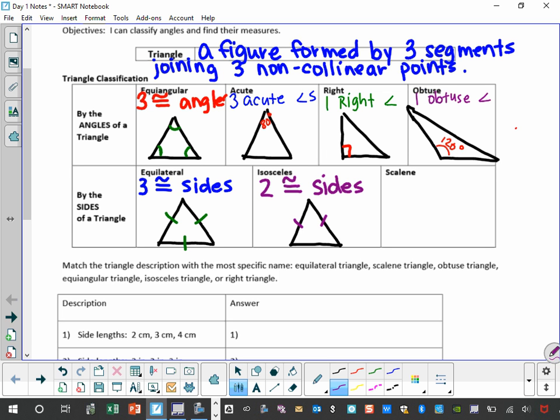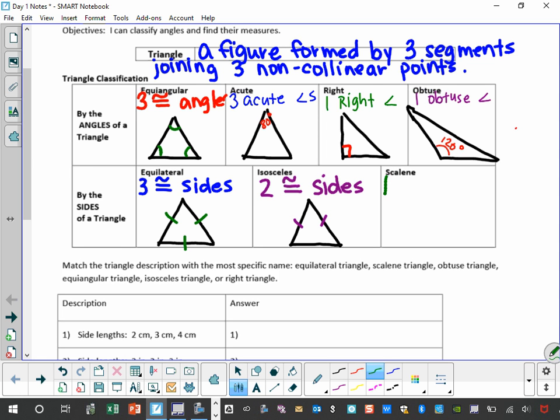That tells me that if one side is 5, my other side is going to be 5. The hash marks are how we can recognize it.